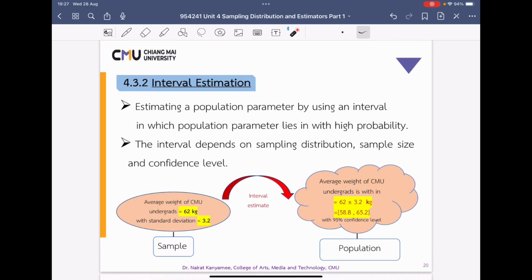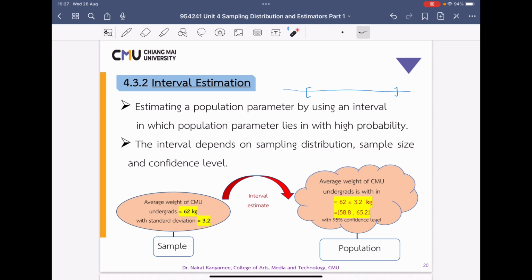Here, we estimate the population parameter by using just an interval that indicates where the population parameter lies. So actually we are looking for, for example, an interval of weight, so that the population mean must lie in here with a high probability, with some confidence.